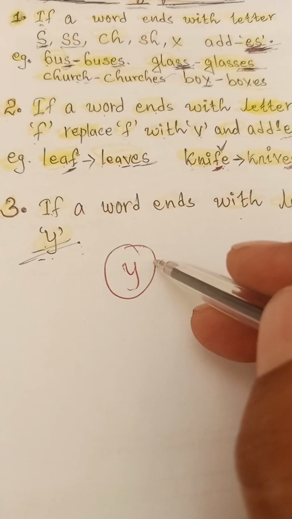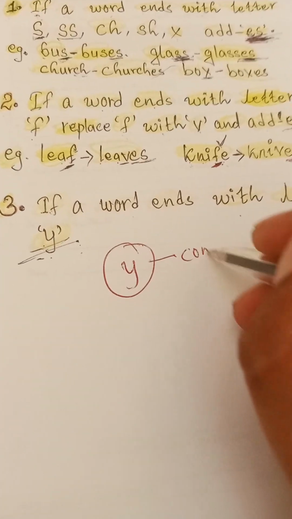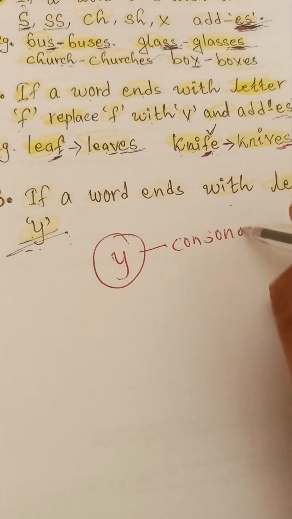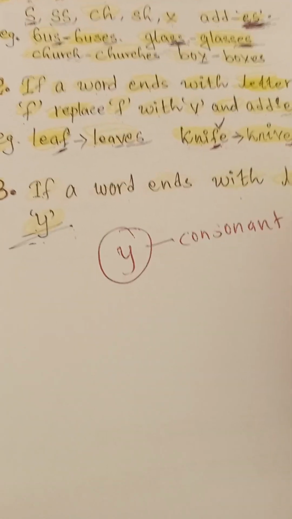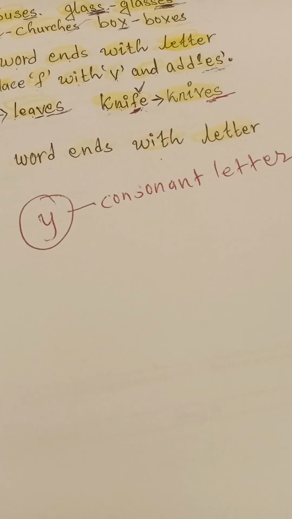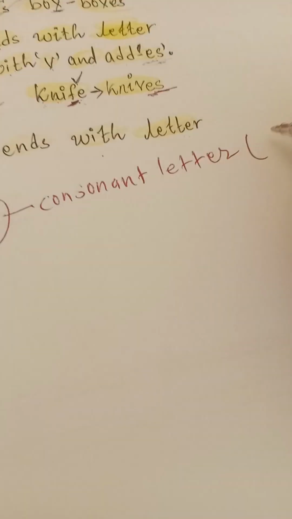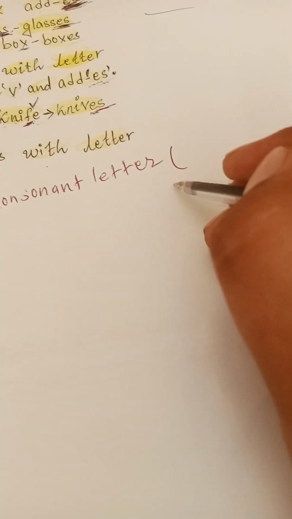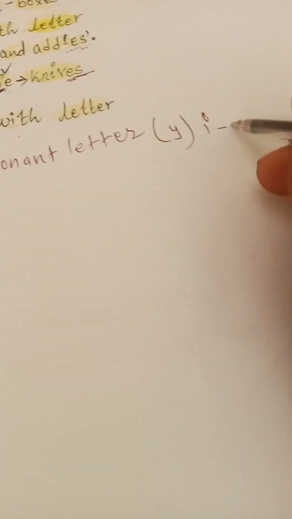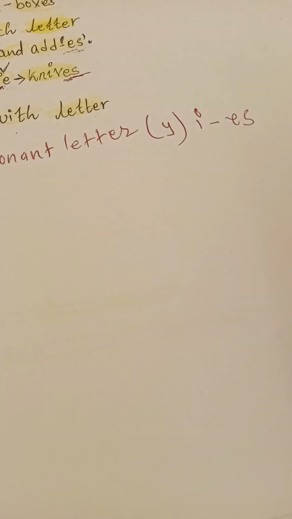If before letter Y there is a consonant letter, we have to replace that Y with I and add es to form plural.